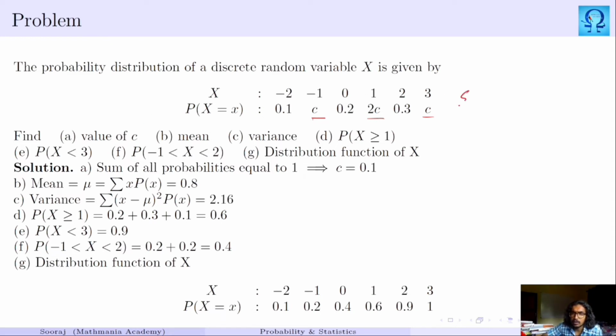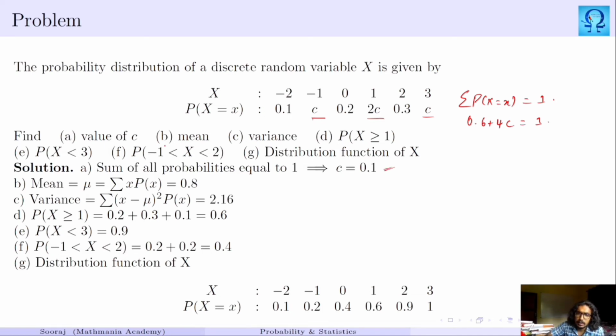So if we sum all these things, plus 4c equals 1. From this you can find out c is 1.